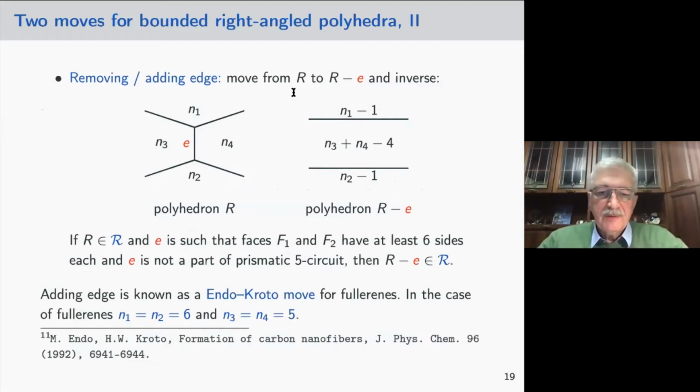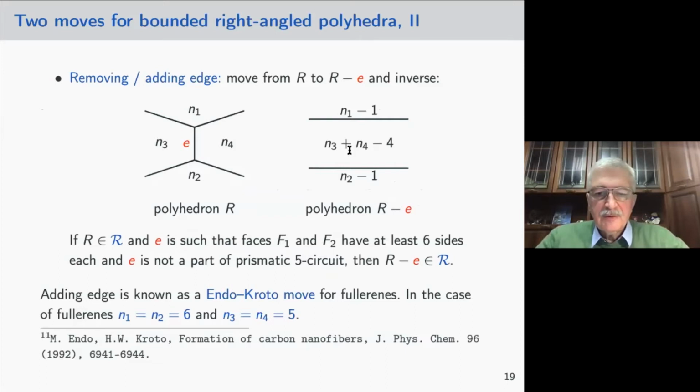Suppose you have a right-angled polyhedron and you have some H, denoted by E here. So you can remove this H, and from the original polyhedron you get a new polyhedron. So there was an N1-gon, and an N2-gon, and an N3-gon, and then an N4-gon.